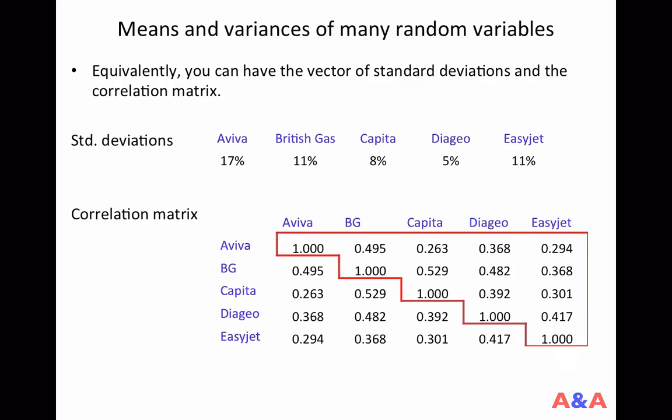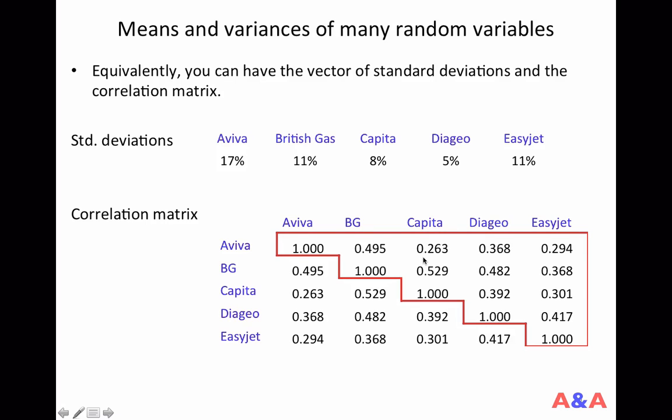So if there are 5 random variables, as in our numerical example, they would report standard deviations in the form of a vector of 5 numbers, and they would also report correlation coefficients in the form of a 5 by 5 matrix. So such a matrix is called correlation matrix. Basically, these numbers are correlation coefficients.